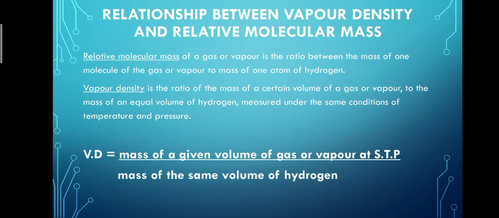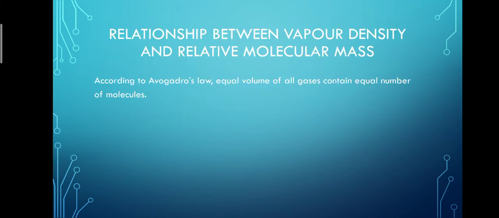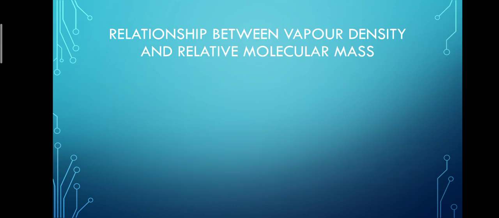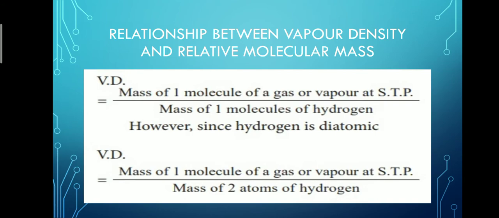So applying Avogadro's law here. According to Avogadro's law, let the number of molecules in one volume be equal to n. Then we can write the equation as Vd equals the mass of n molecules of gas or vapor at STP divided by the mass of n molecules of hydrogen. And the n will get cancelled, so we can write it as the mass of one molecule of gas at STP by the mass of one molecule of hydrogen.